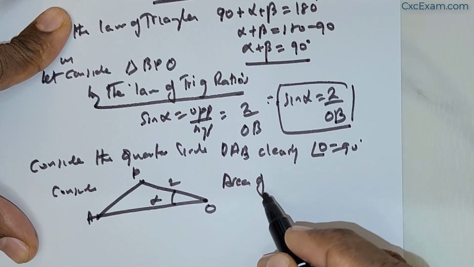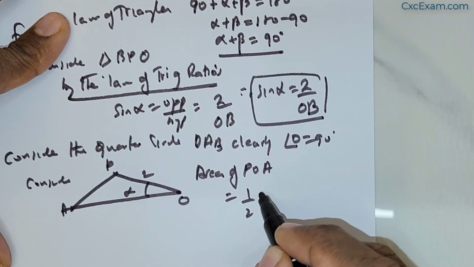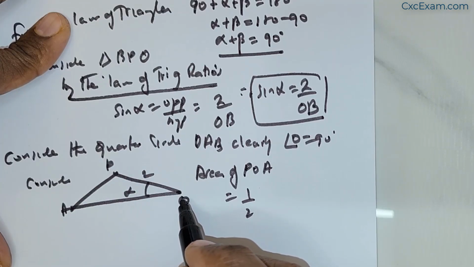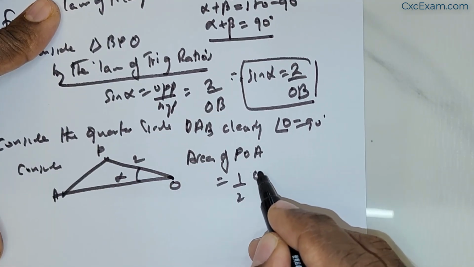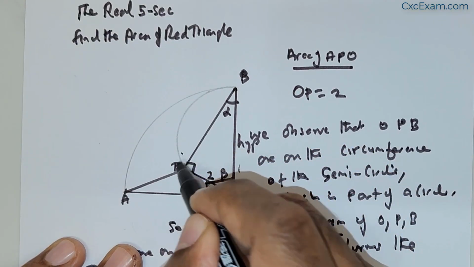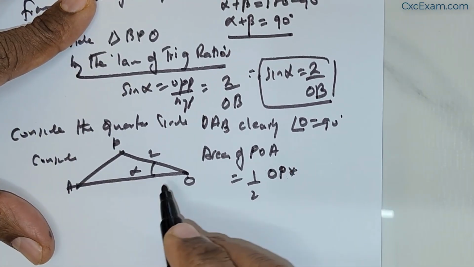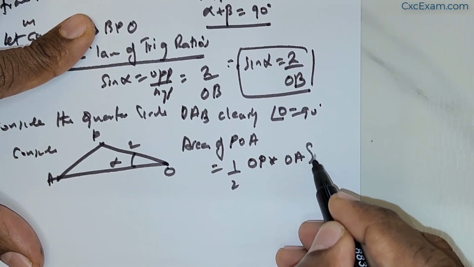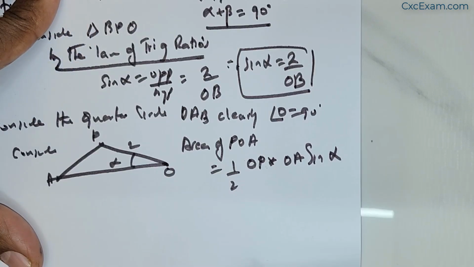So the area of POA is nothing but half times this side. Now we have to use this side, which is OP. P is there. So OP times OA times sine of alpha, right?